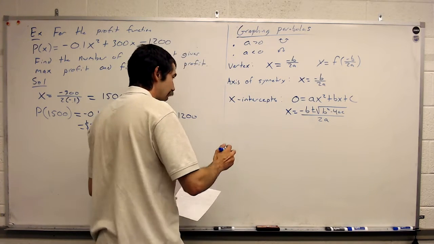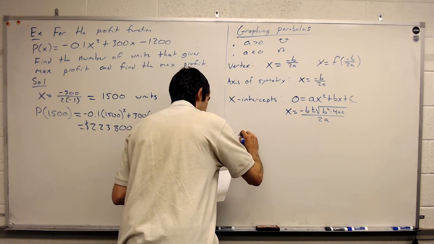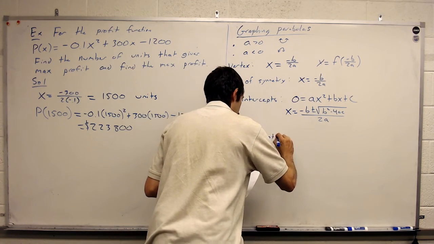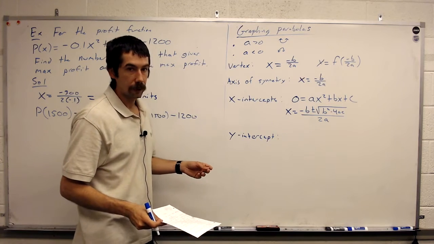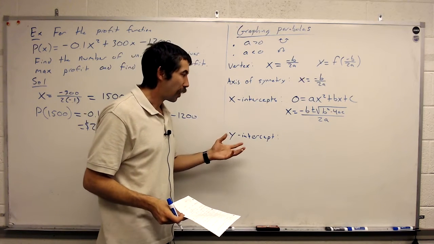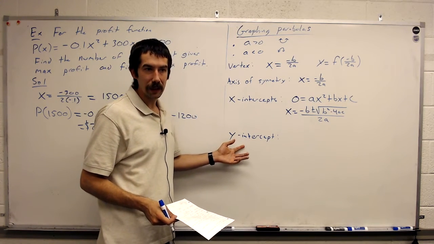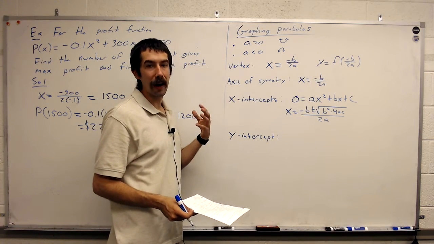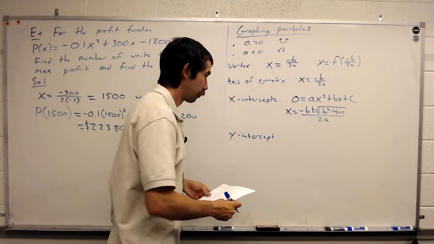And then the last thing we need is the y-intercept. So how do we find the y-intercept? The y-intercept is when our parabola crosses the y-axis, which means it's when our x value is 0.